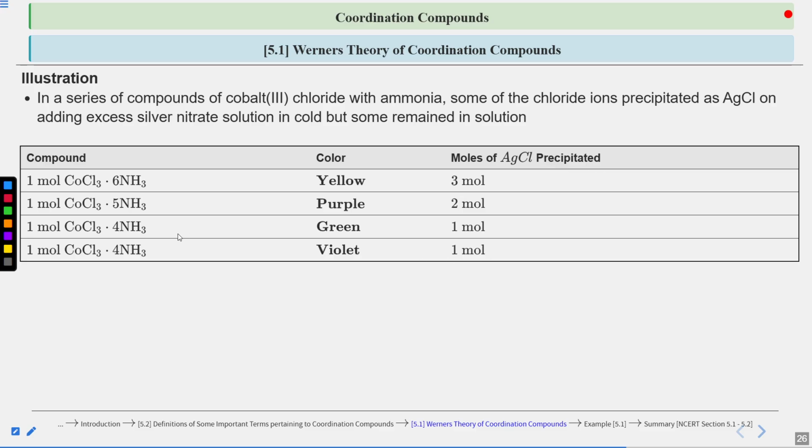If you observe, the second last and last complexes are the same, having the same formula, but the colors are different, and the number of moles of AgCl precipitated is also the same.